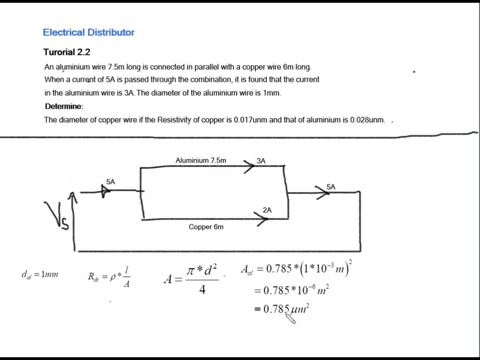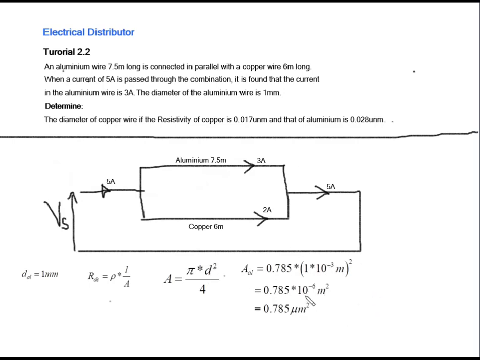Now, if we plug in all the values, we're going to have the area of the aluminum equal to 0.785 times 10 to the power minus 6 meter squared, because we replace the diameter, which is 1 millimeter, squared.